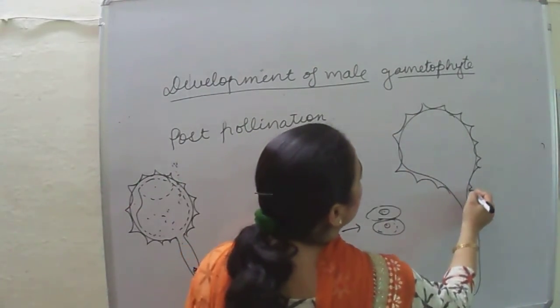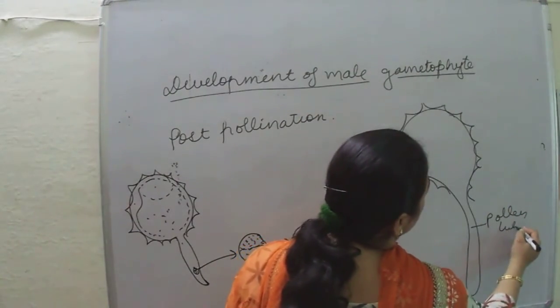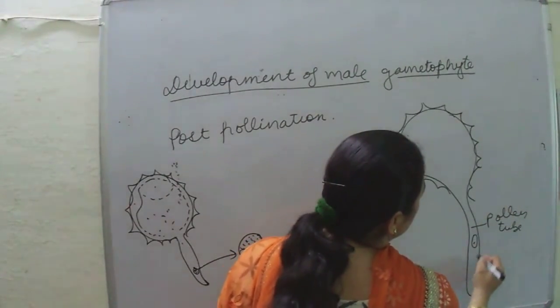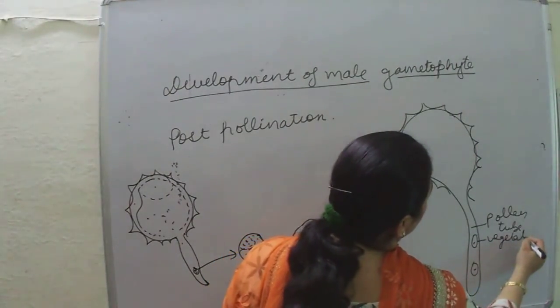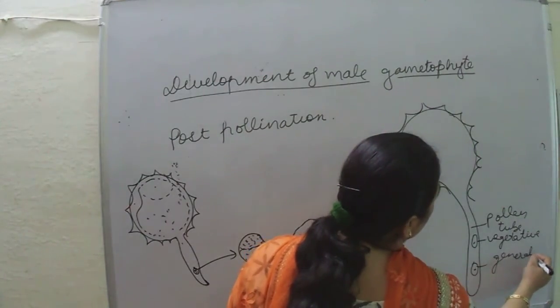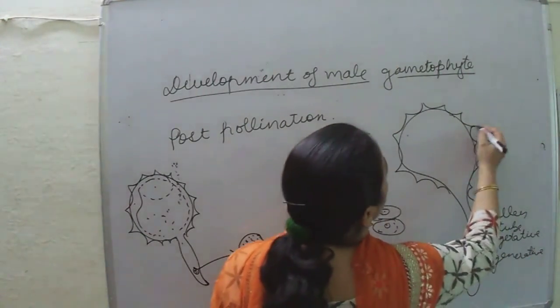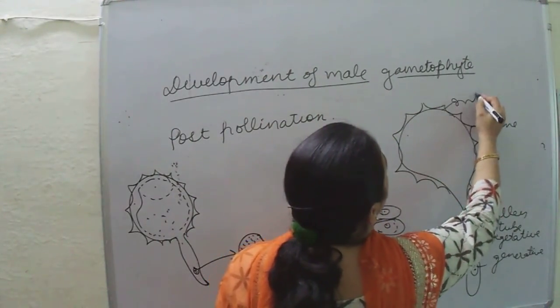This is the pollen grain, pollen tube, two cells, one vegetative, one generative, exine, intine.